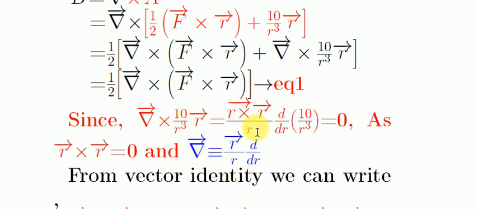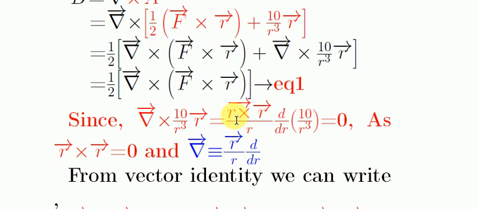So we can write r vector by r, r cross r by r d/dr of 10 by r cubed. 10 by r cubed is a scalar quantity, and this vector quantity we can write here as r cross r.